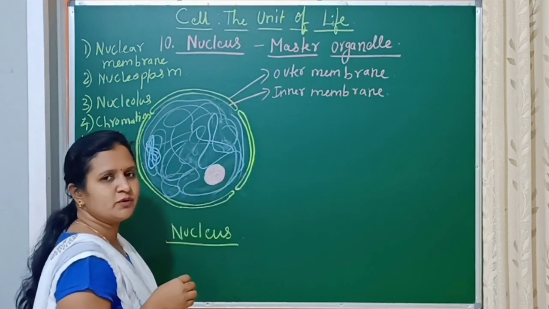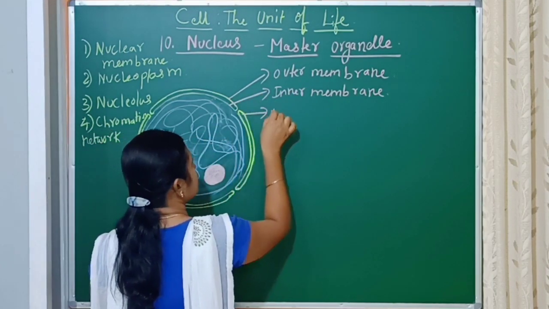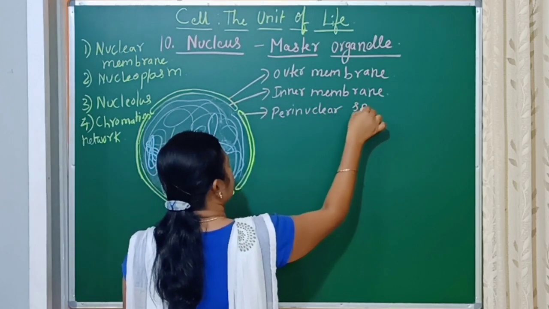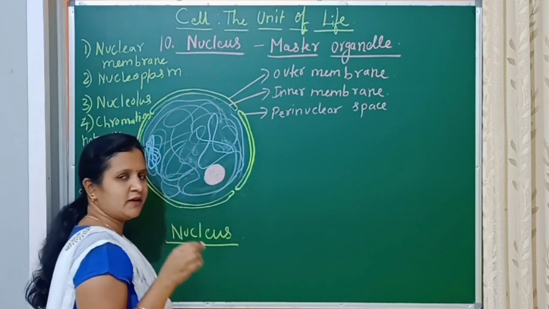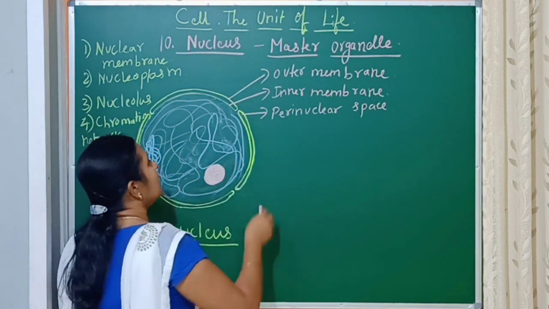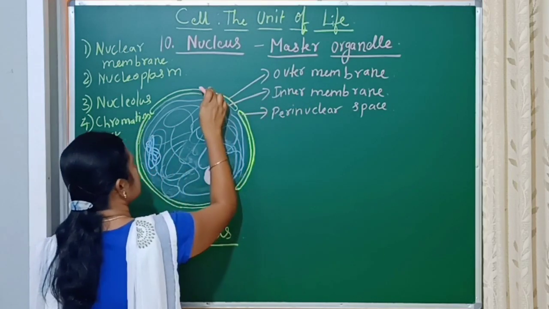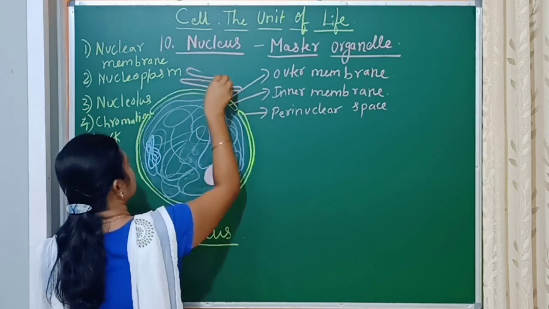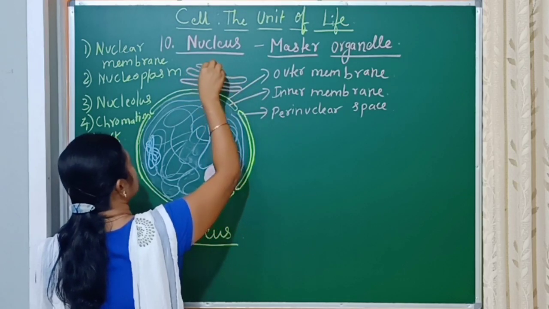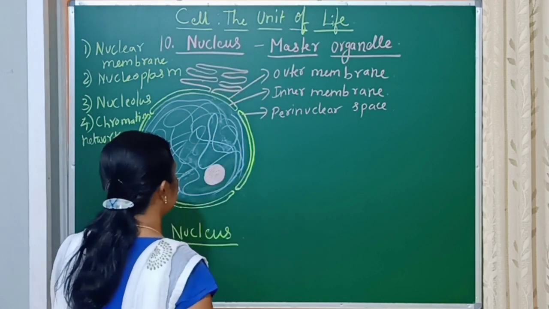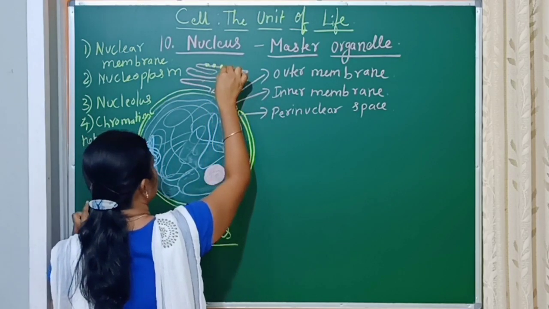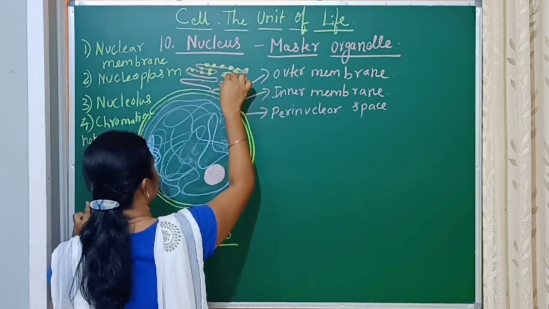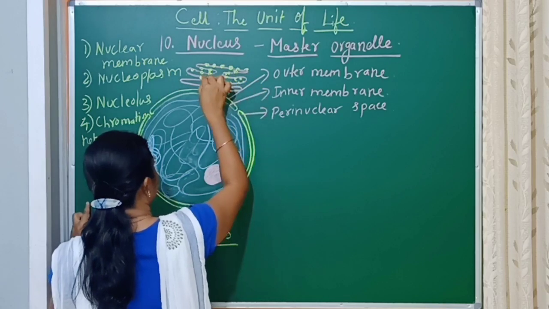The space between the 2 membranes is called the perinuclear space, about 10 to 50 nanometers. The outer membrane is generally continuous with the endoplasmic reticulum, and rough endoplasmic reticulum with ribosomes on it is continued with the outer membrane.